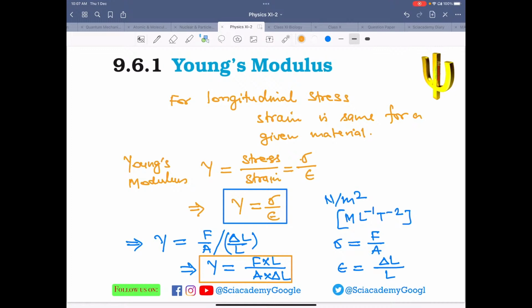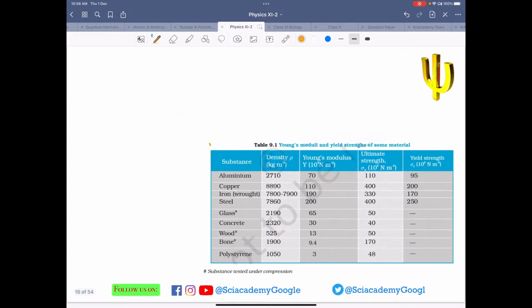It gives the value different for different materials, and you can see in this table that for aluminum it is 70, for steel it is 200, and for glass it is 65.